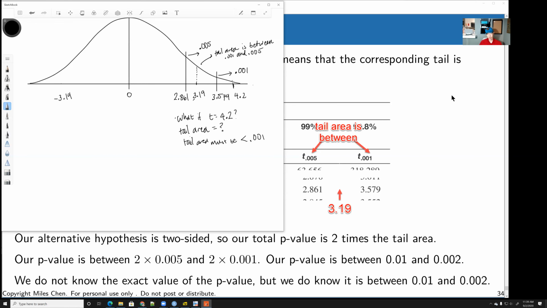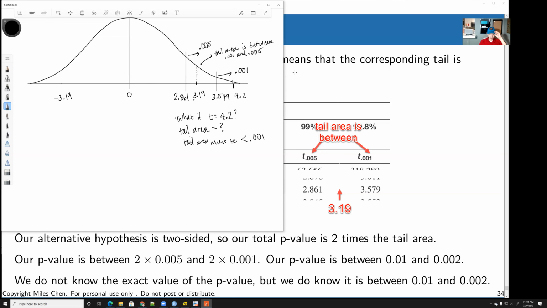Does that make sense? Because I'm even farther away from 0. It's more extreme, and the tail area is how much goes beyond this number, 4.2. We know the area beyond 3.579 is 0.001, and I'm even farther away from 0, which means the amount left over here has to be even less than 0.001.